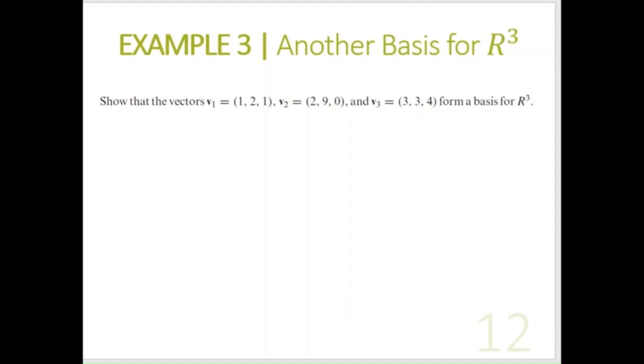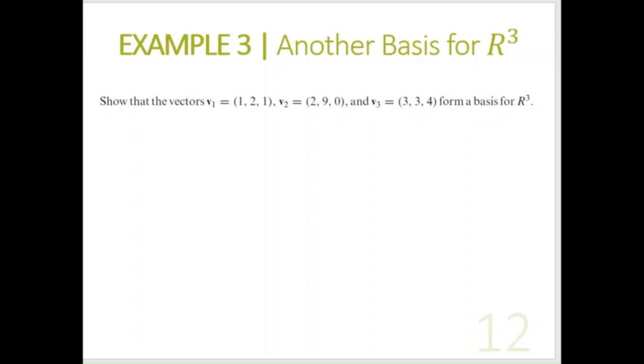So how in the world would we end up finding that out? What if we wanted to have this alternative basis? So we wanted to have some coordinate system that didn't look like our standard rectangular system that we're always used to seeing. What if we needed to have another basis? So if we look at example 3, it says show that the vectors v1, v2, and v3 form a basis for R3. Ooh.